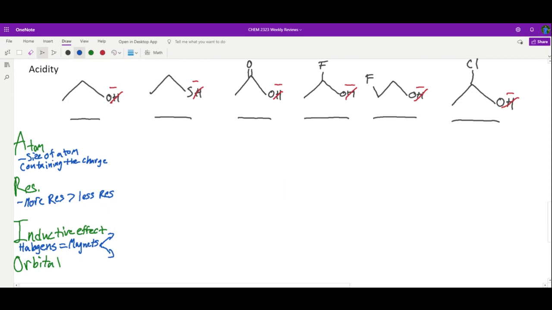Okay, so halogens are high in electronegativity, right? Those halogens are going to want that extra electron. Just like how oxygen prefers to have a negative charge compared to a carbon, halogens want that much more, because halogens have 7 valence electrons, and they want that extra electron.